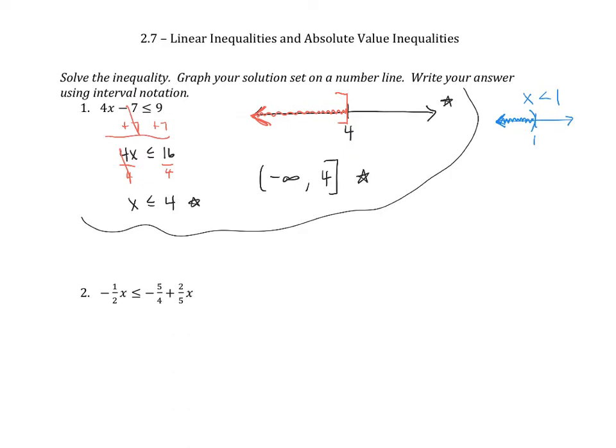So 1 itself is not an answer. Everything up until 1 is, but 1 itself is not. And so in this case, your interval notation would still be parentheses negative infinity, but it would end at 1 and it would get a parentheses instead of a square bracket. Again, that's all because number 1 had the equal to sign underneath, and this one does not.